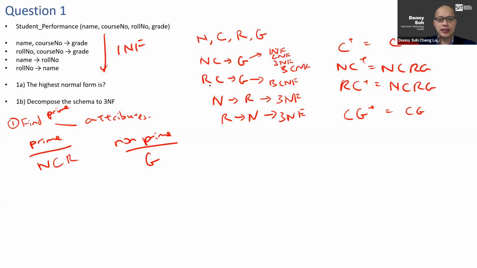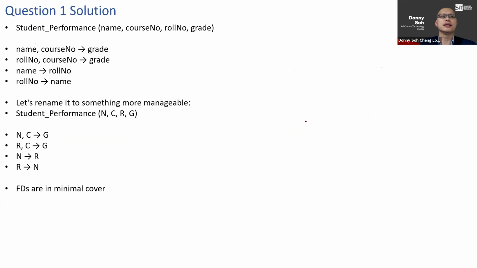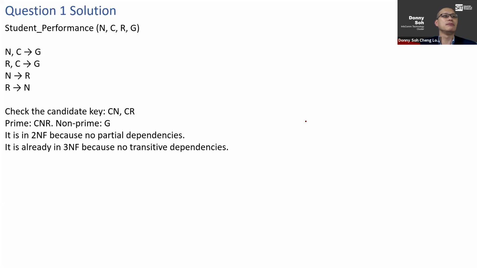This is already in 3NF already, unless I make a mistake. Yeah, it seems to be okay. So anyway, I'll check on this, but it seems that this is already in BCNF.